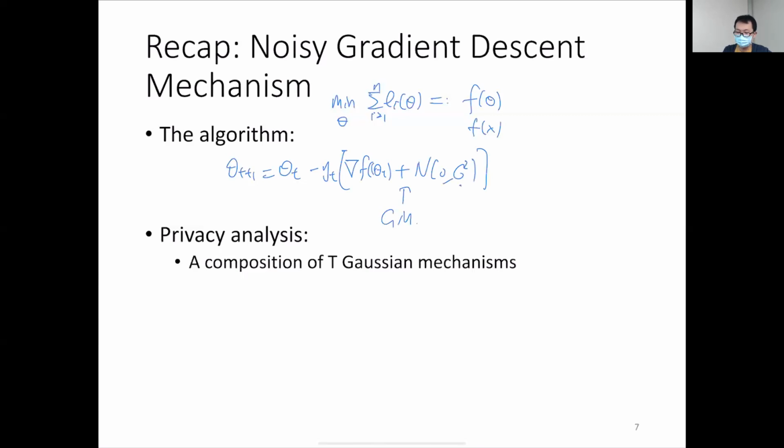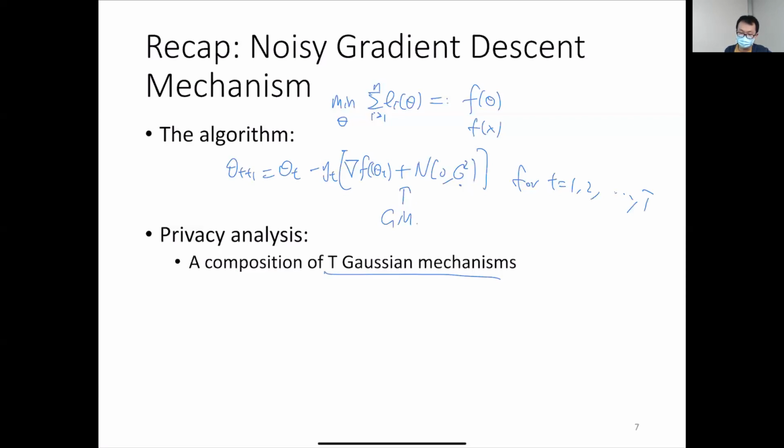And this sigma parameter is chosen appropriately such that the whole thing, when we run this for t equals 1, 2, all the way to T, suppose we run this for T iterations, then we'll end up getting simply a composition of T Gaussian mechanisms.